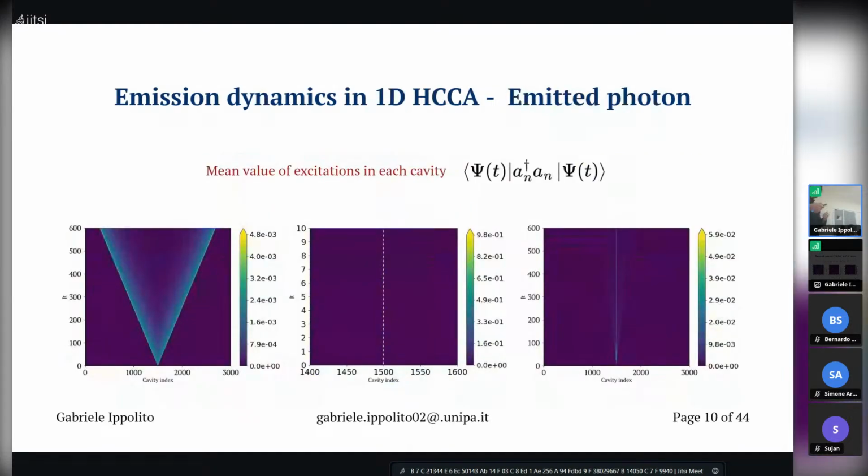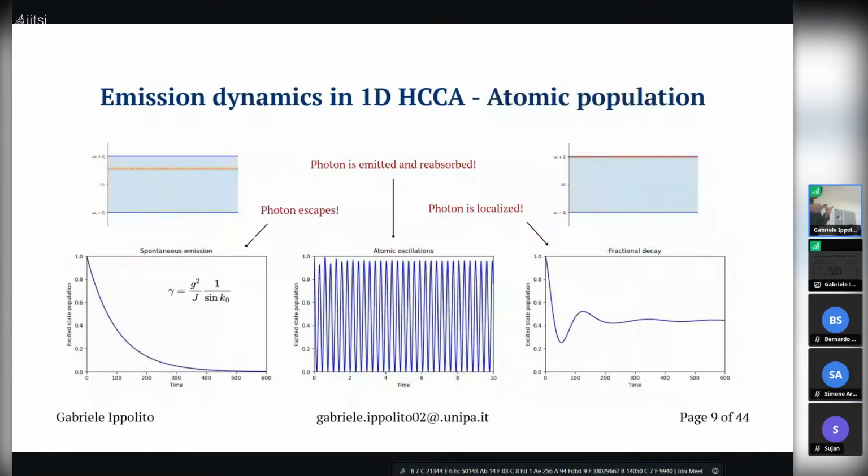To understand why this happens, we can recall the link between the density of states and the group velocity of the emitted photons. At the edges of the band, the density of states has a divergence. Since the density of states scales like the inverse of the group velocity, in this scenario the photon is emitted with exactly zero group velocity.